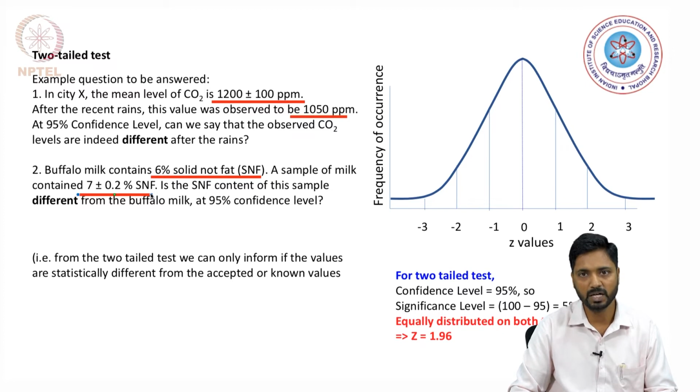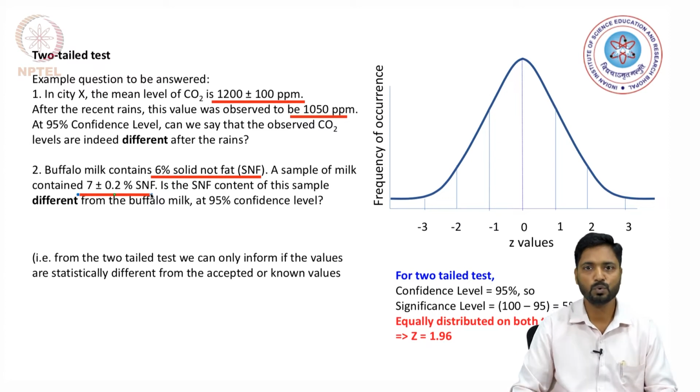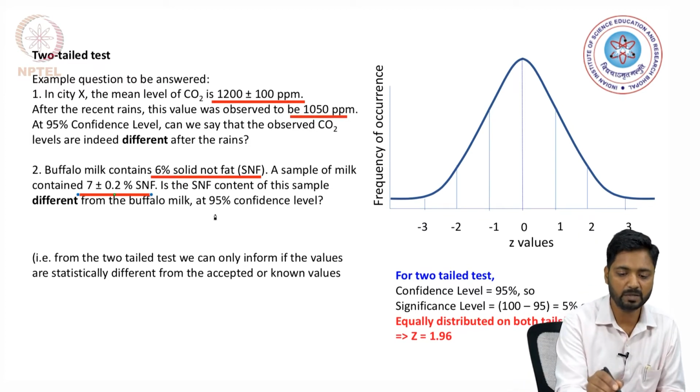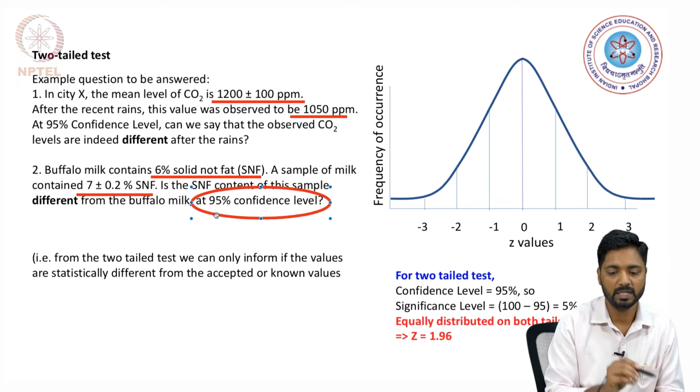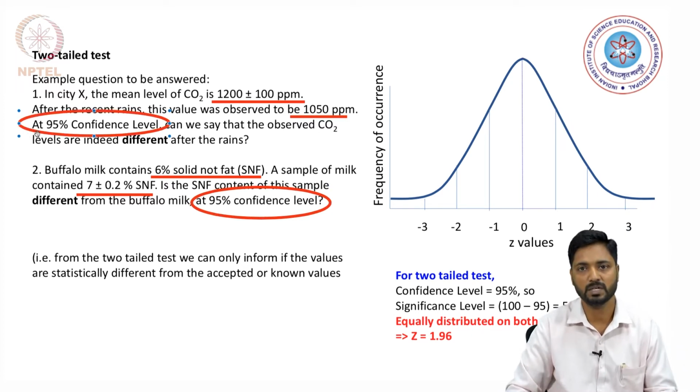The question we want to answer is whether the SNF content of this sample is different from actual buffalo milk at 95% confidence level. I want you to take note of 2 points. One is that we test the hypothesis at a particular confidence level. In this case as well as in the previous case, this number is 95% confidence level.